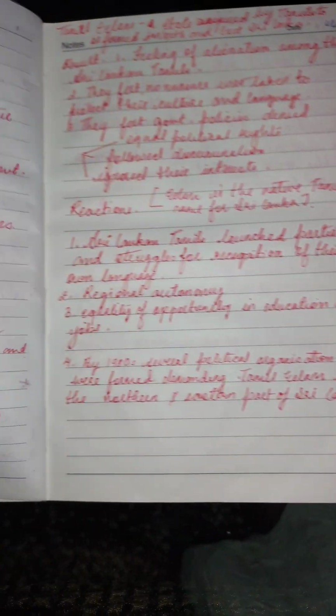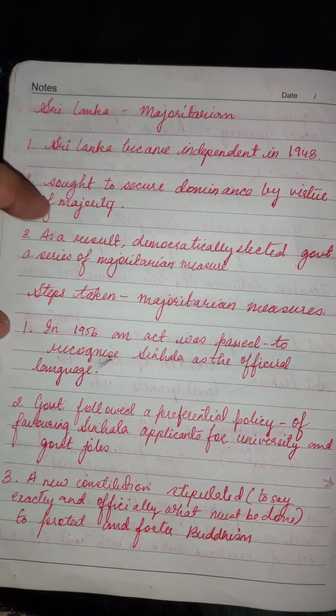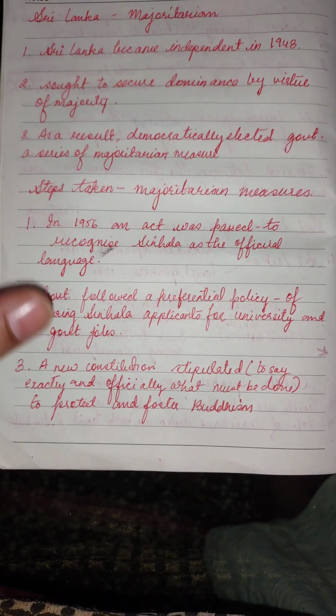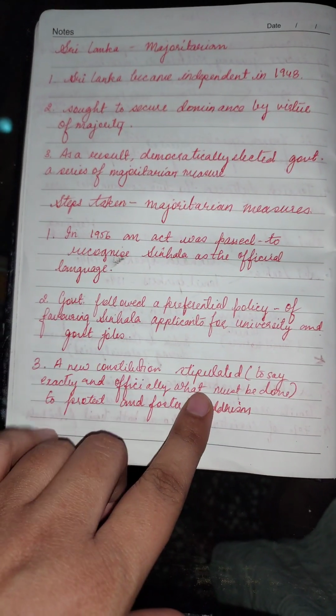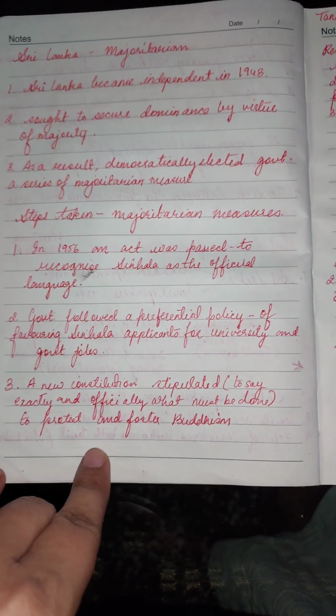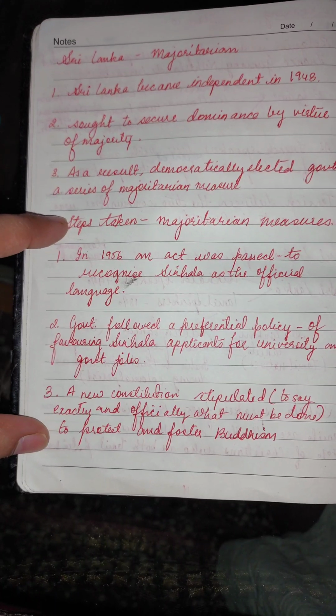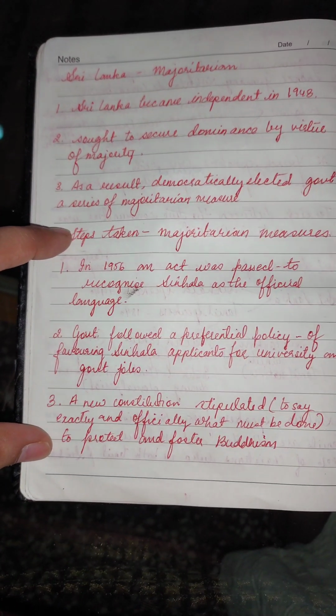Secondly, the government also followed what? A preferential policy, where it favored only the Sinhala applicants. Also, a new constitution stipulated, that means what? To say exactly and officially what must be done to protect and foster only Buddhism. So these are the three steps taken to gain dominance in the country.